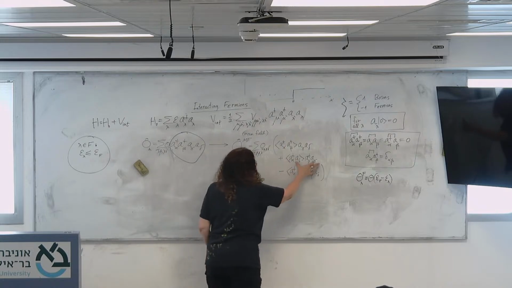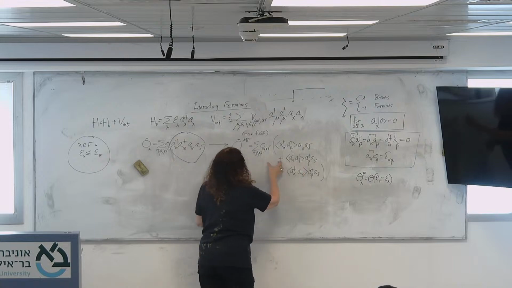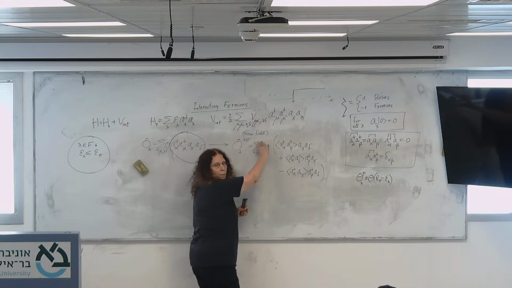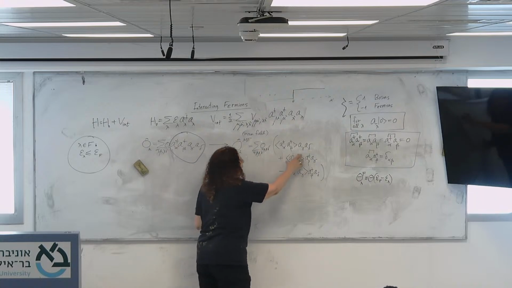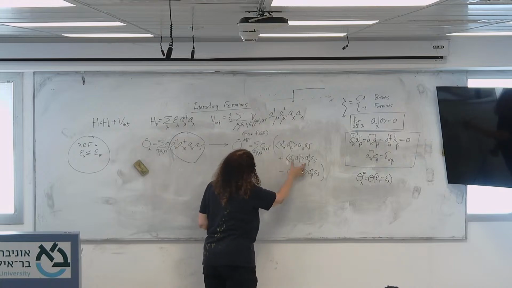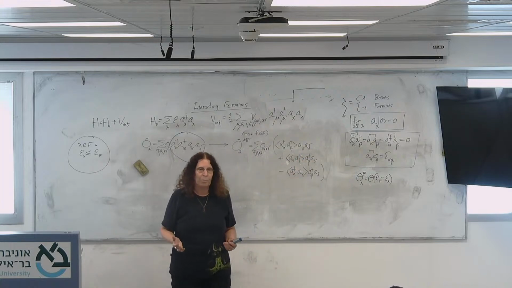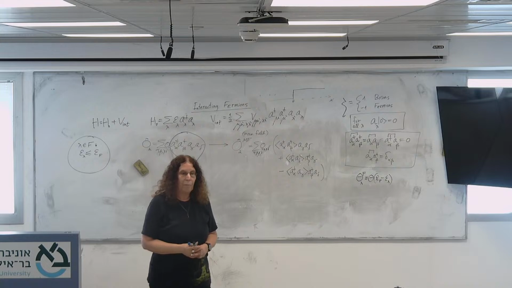But if we look at this term, I have a number, the matrix element, multiplied by another number, which is this expectation value. And I then have A beta dagger A gamma. So it's a single body term. Okay?